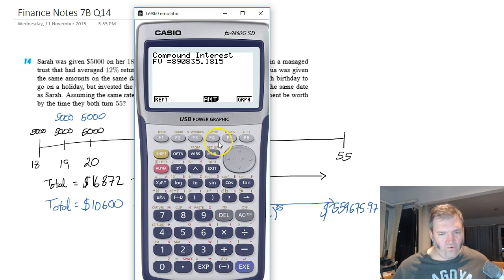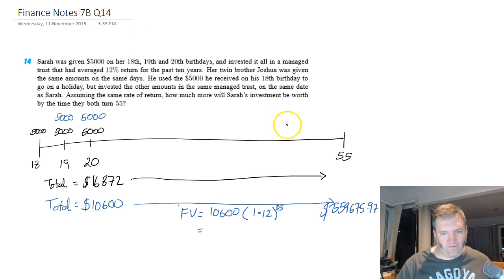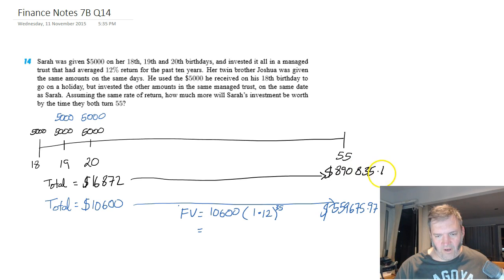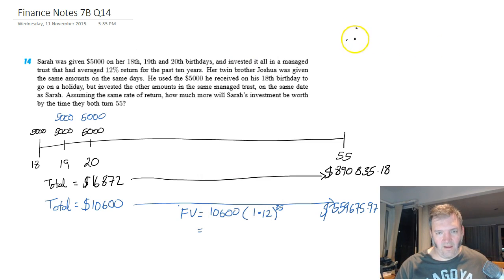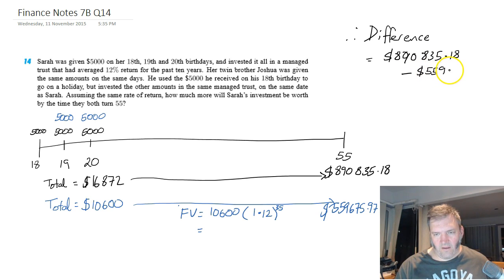Working out the future value, 890,835, and was it 18 or 19 cents? 890,835.18, and so therefore you've got the difference, which is just one of those minus the other one. 890,835.18, subtract 559,675.97, and you get your answer.